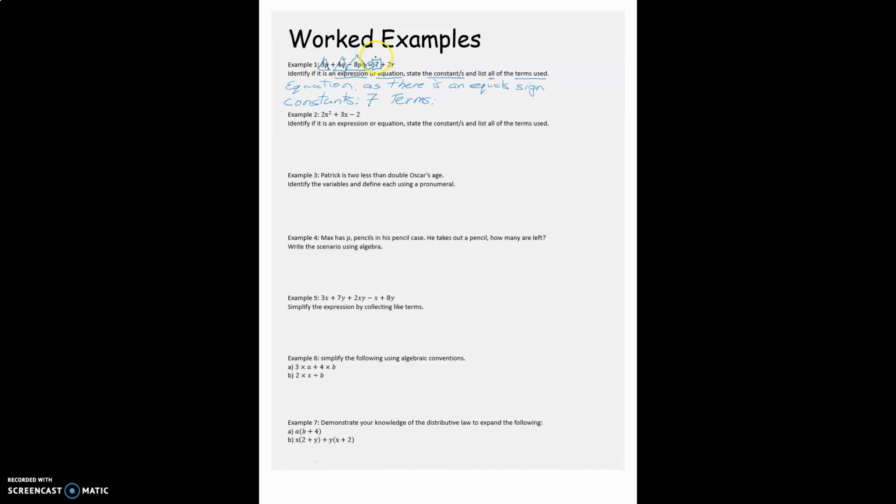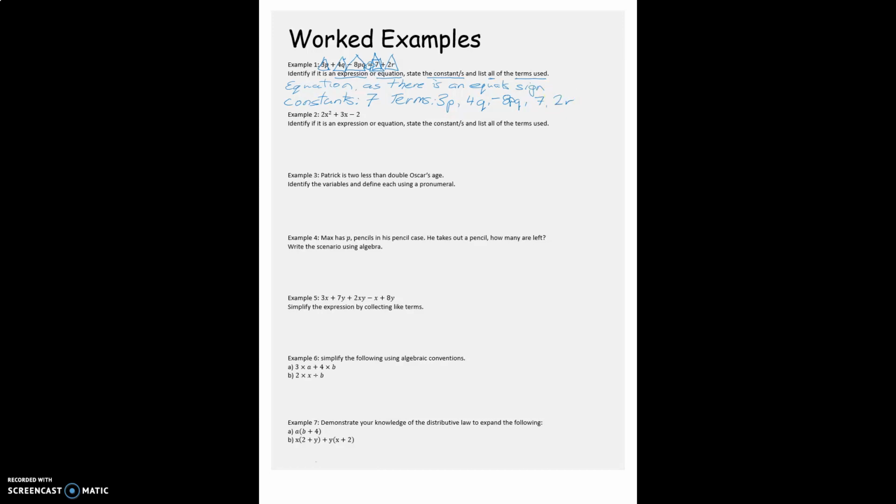Our 7 doubles up because constants can also be terms. All right, and our final one is our 2r. So if you write those all out in order, you have 3p, 4q, minus 8pq, 7, a constant, and 2r.